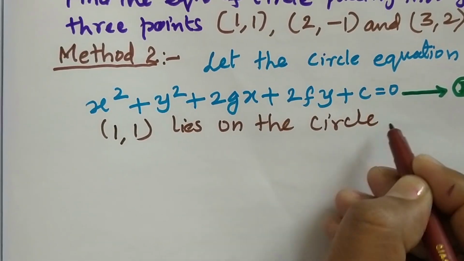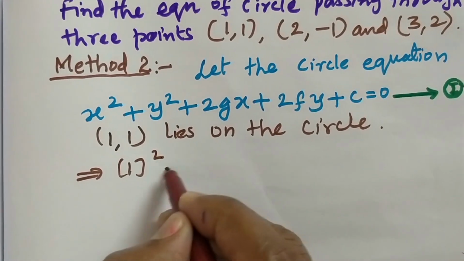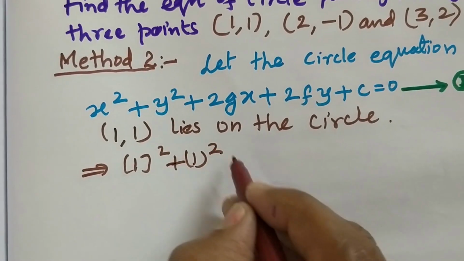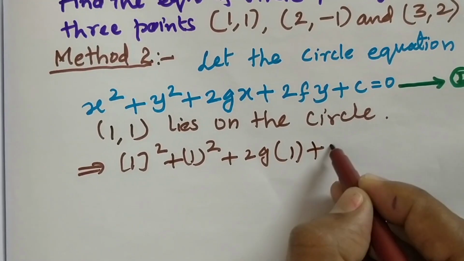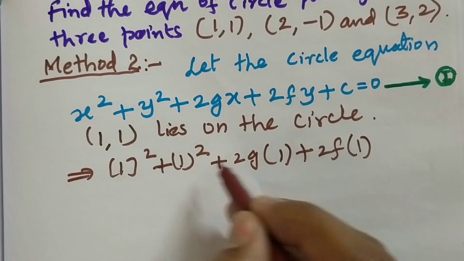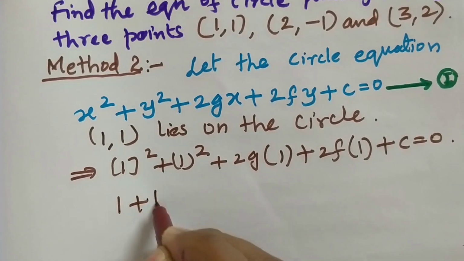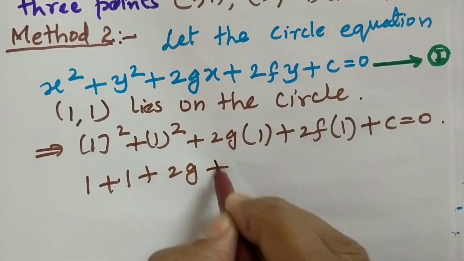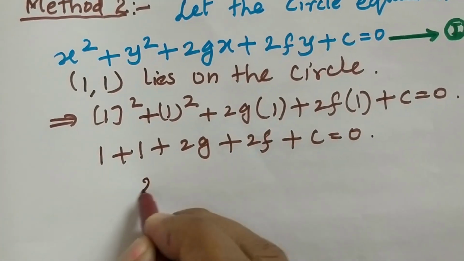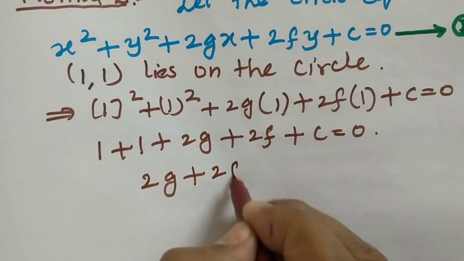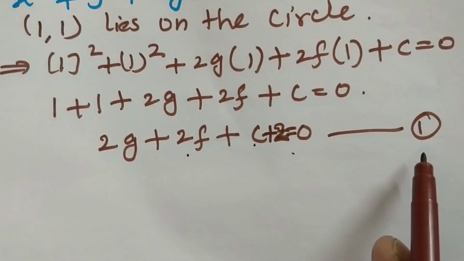That means it satisfies this equation: 1 square plus 1 square plus 2g into 1 plus 2f into 1 plus c is equal to 0. That is 2g plus 2f plus c plus 2 is equal to 0. That is equation 1.